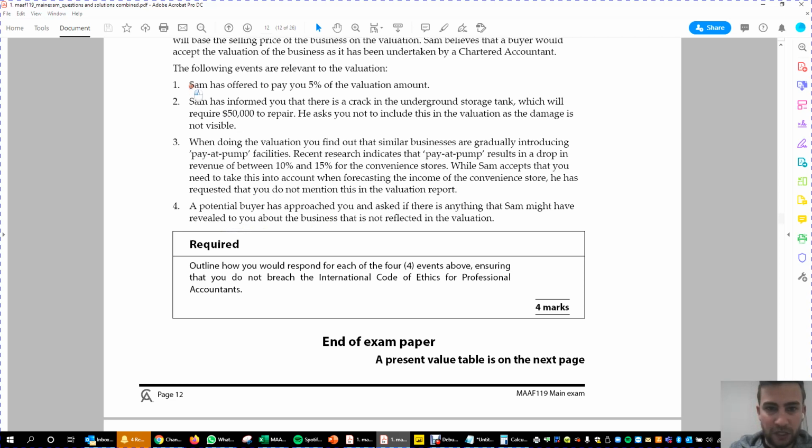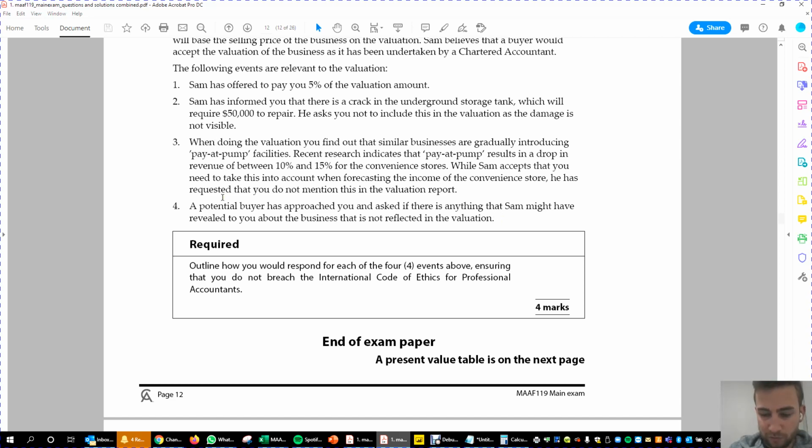Because as long as we've satisfied all of our requirements in the above steps, so we've acted objectively, we've disclosed all material assumptions, and everything is fair and reasonable, it's actually not ethical to disclose any information other than that because of confidentiality.